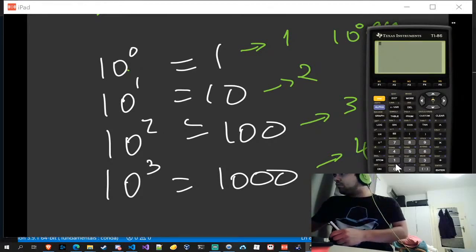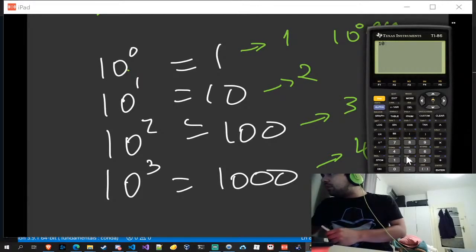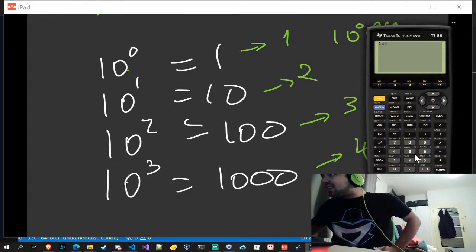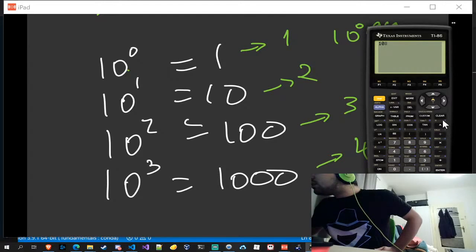So if we do this with our brilliant calculator here, it's 10. Where's the power thing? I just downloaded this. I've never used this particular calculator, so I still need to find the symbols for it.